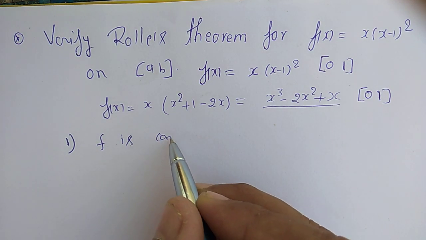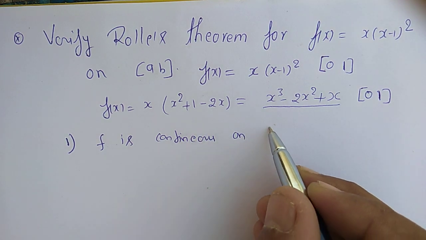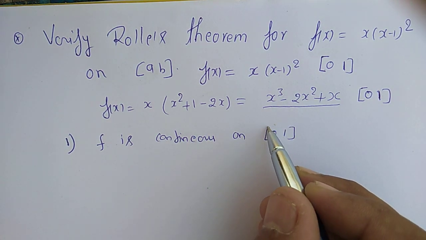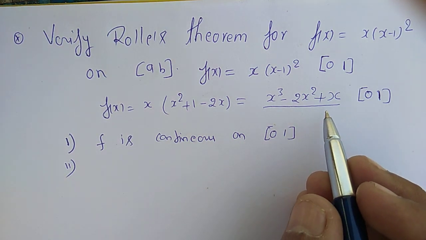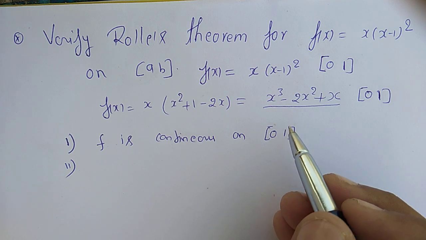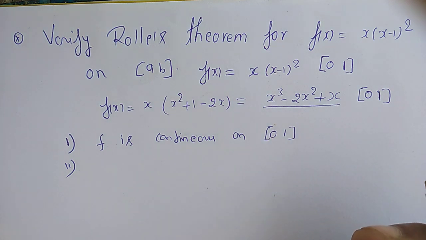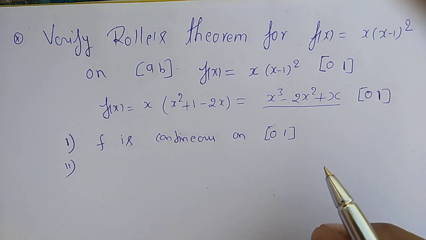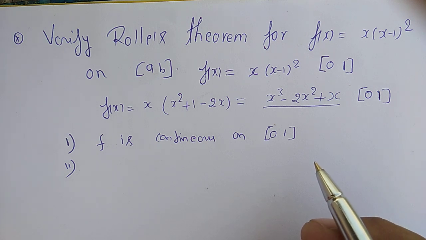So f is continuous on closed interval a b, and f is differentiable also. Actually we need differentiability on open interval, but it is fine. We have differentiability on the closed interval; differentiability at points 0 and 1 is not necessary, but if you have it, that is fine.